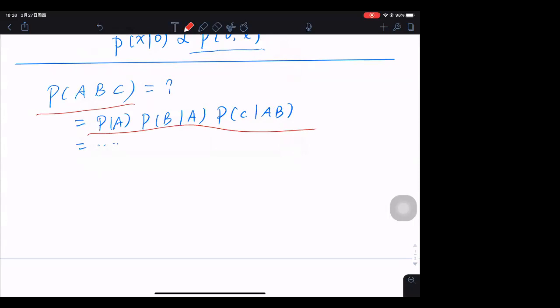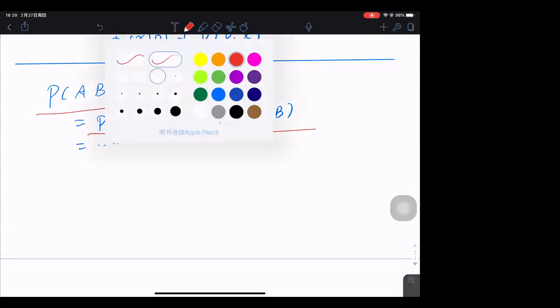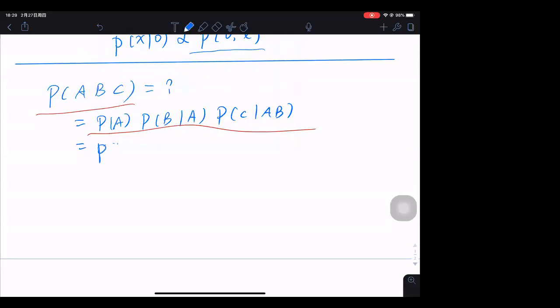This is just simply true. This decomposition is always true. I will write another version. For example, I can say P(C) times P(B|C) times P(A|B,C), right? This is also true.